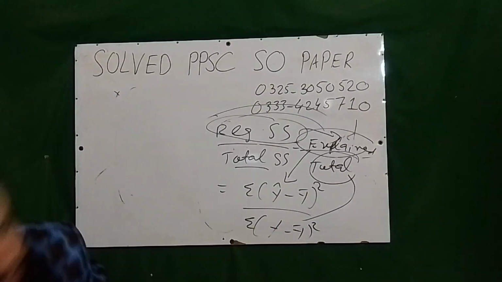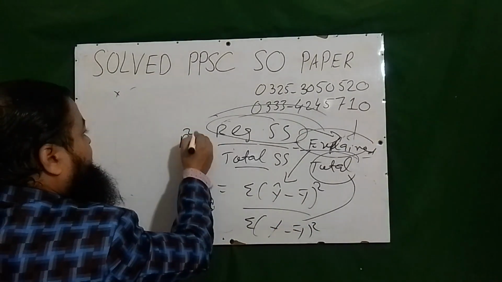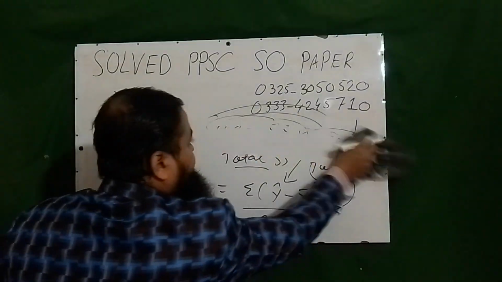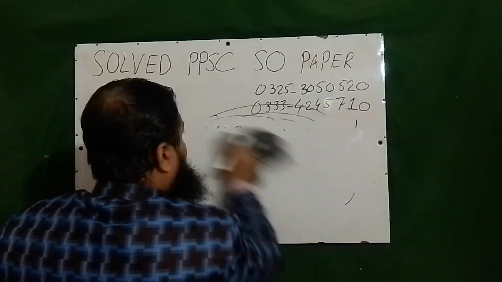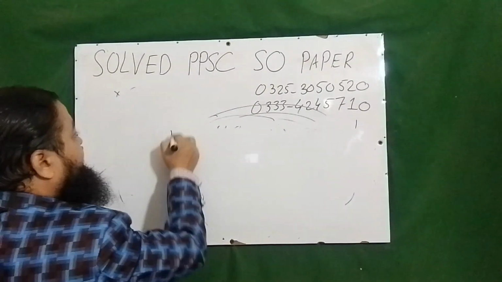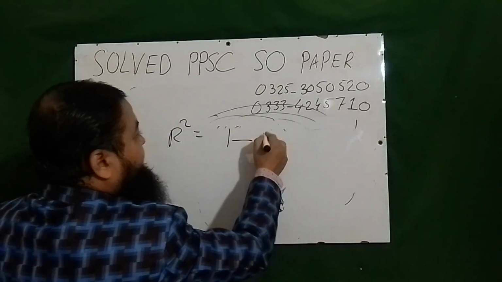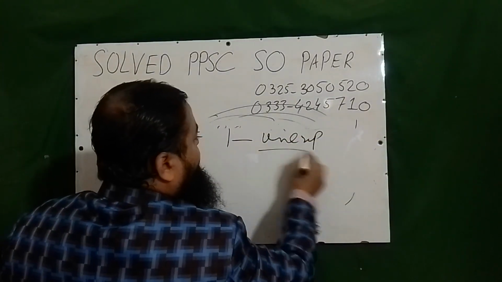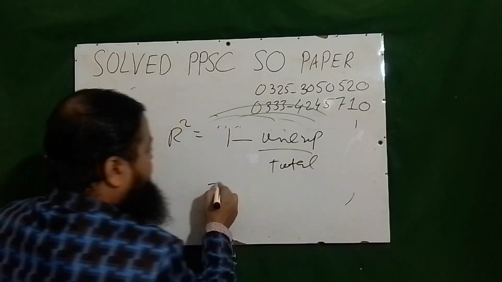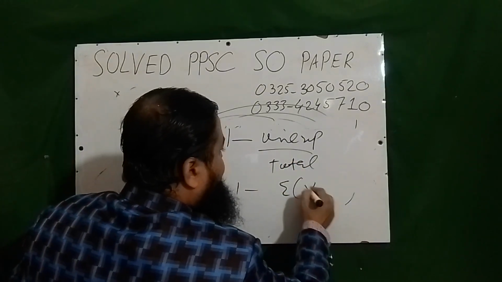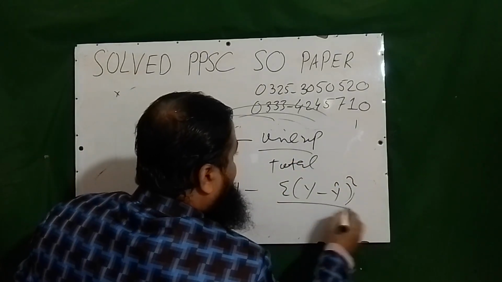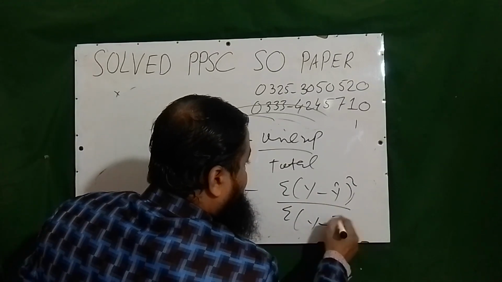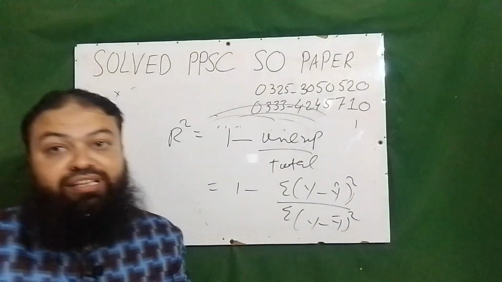And actually it is r square. It can be written as r square is equal to 1 minus unexplained over total. And I can also write 1 minus summation y minus y cap whole square over summation y minus y bar whole square. There are many concepts for you.